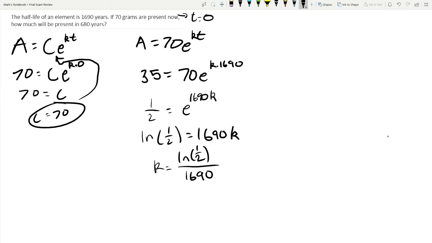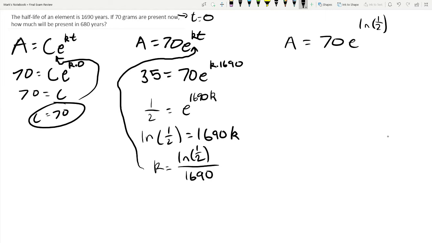All right, if we plug that back into this equation, just like we did with the C, we'll get that A is equal to 70 e to the natural log of 1/2 over 1690 t. Now we could plug 680 into this equation, or we could just simplify it a little first.